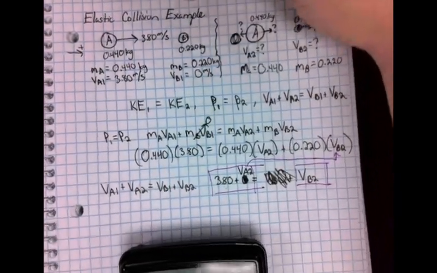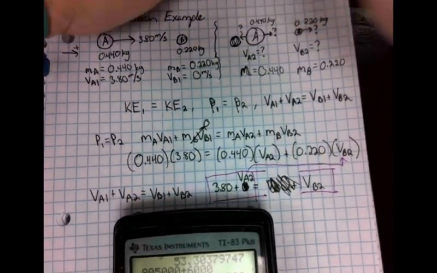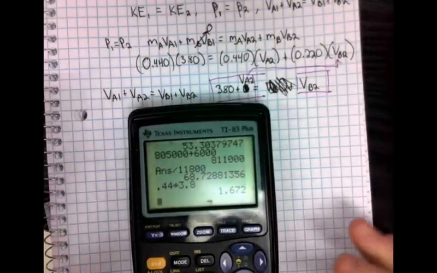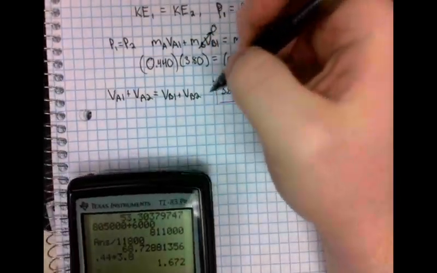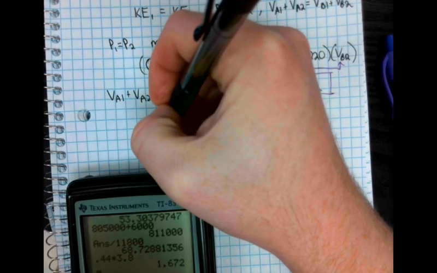Let me scooch the camera down a bit. There we go. 0.44 times 3.8 gives us 1.672.